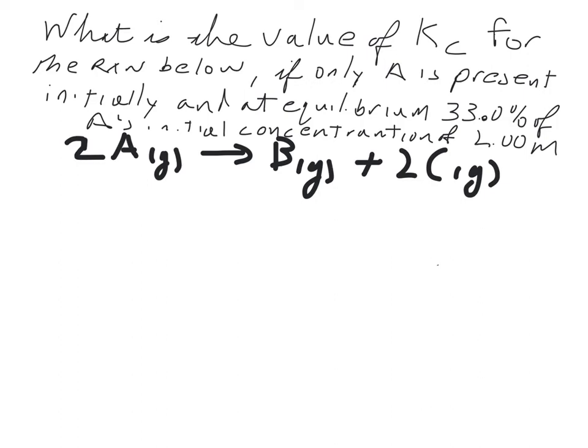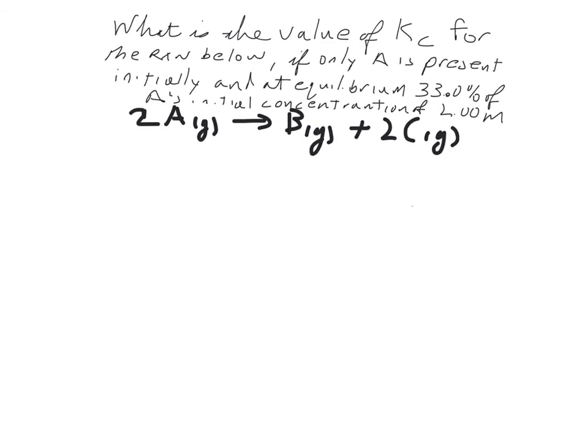All right, this is essentially an applied equilibrium problem. So I'm going to set up my ICE chart, and to do that, I'm going to shrink this problem just a little bit here.